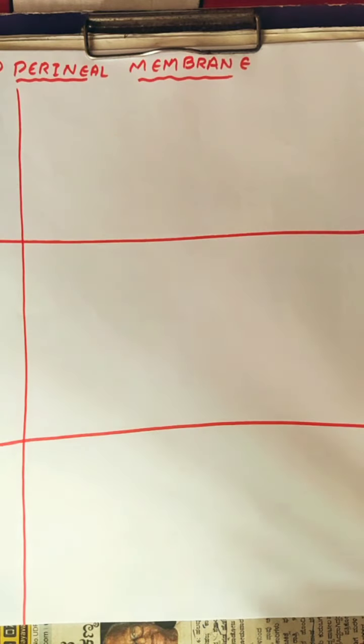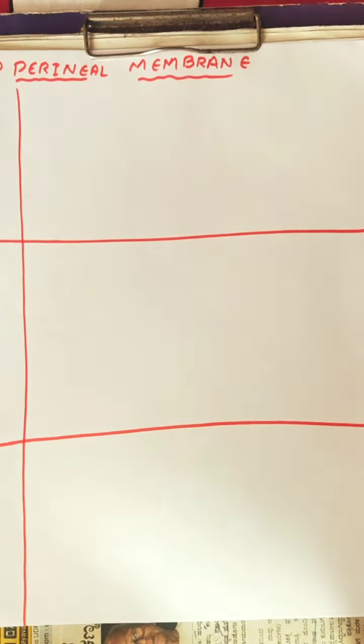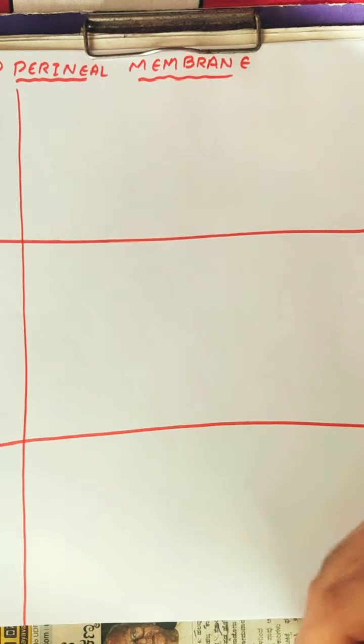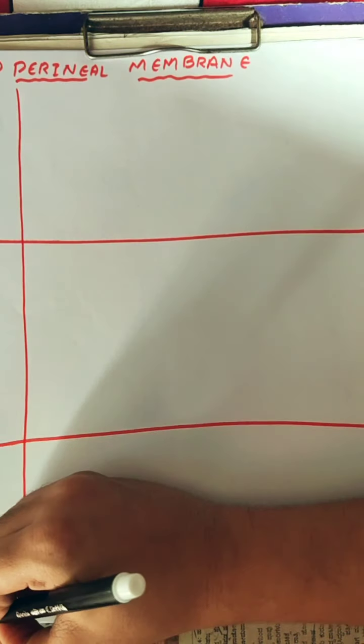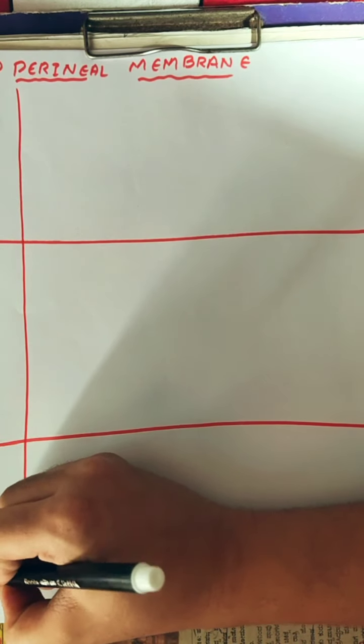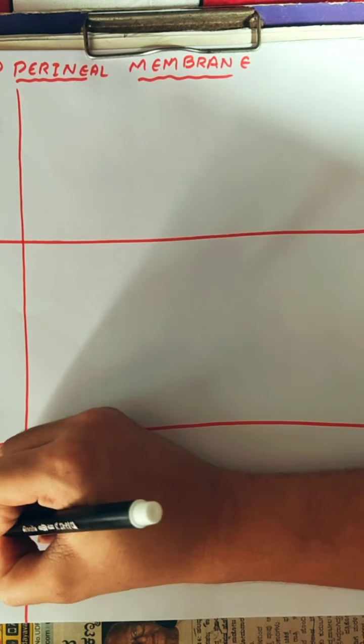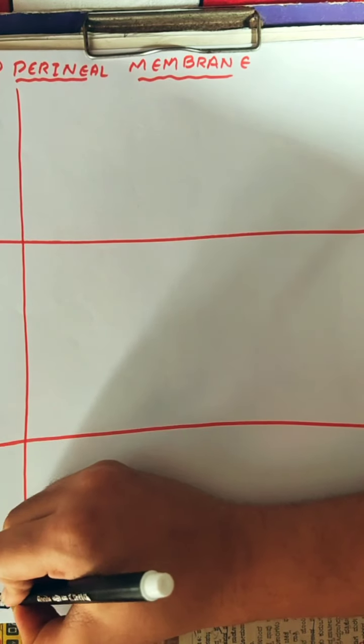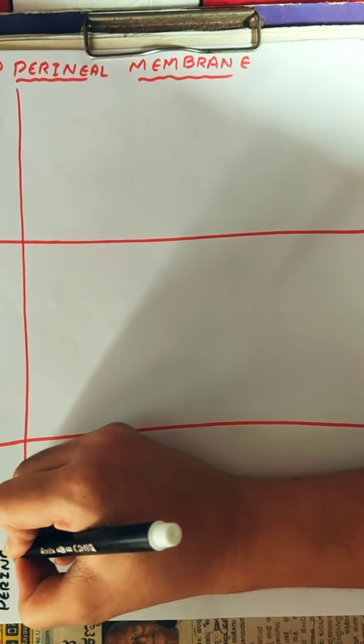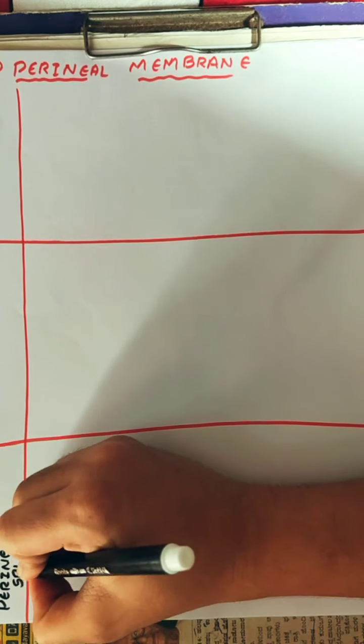So this was just to make you understand the superficial perineal space. So we'll study about the boundaries as well as the contents present in the superficial perineal space. First we'll write the three headings. So first one is superficial perineal space.